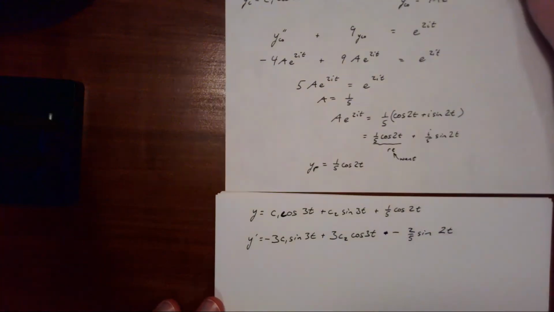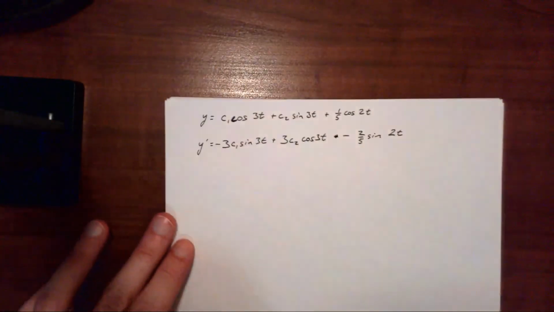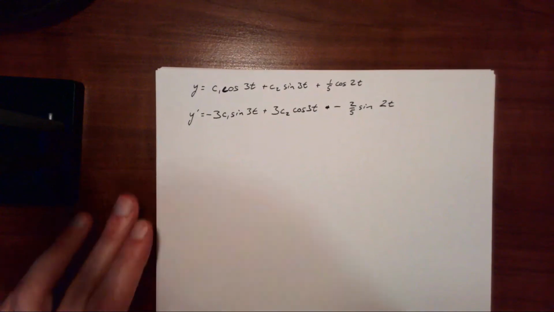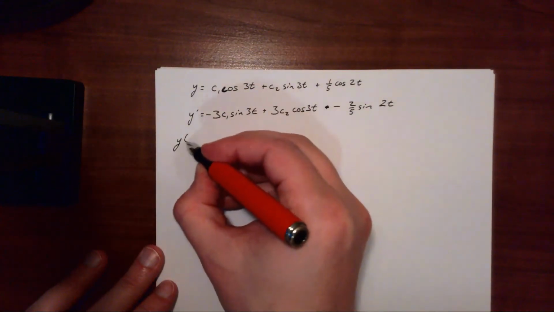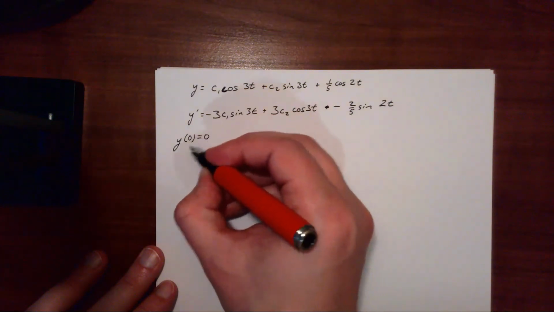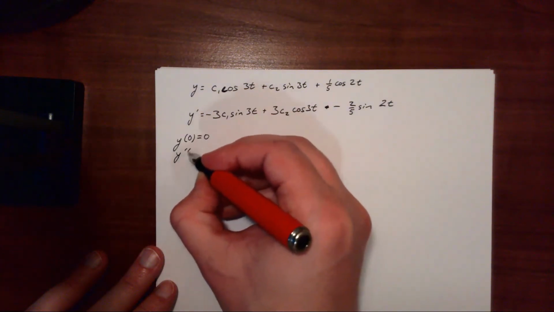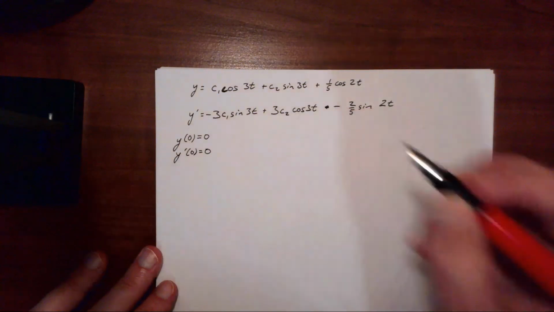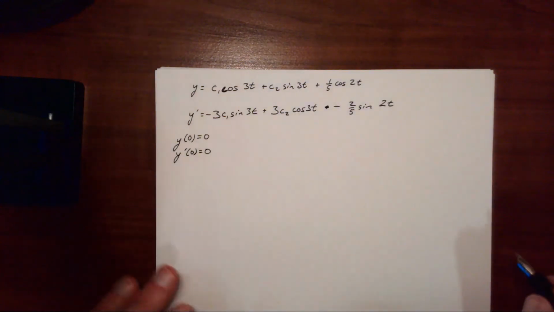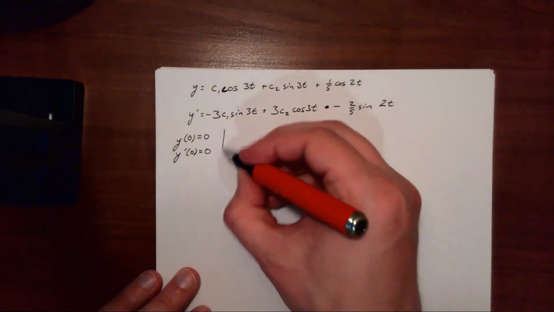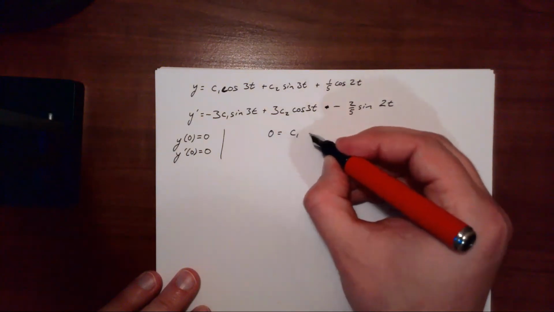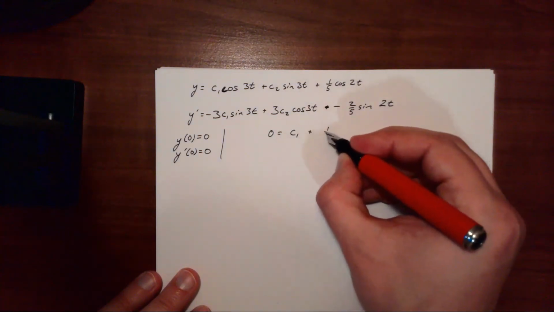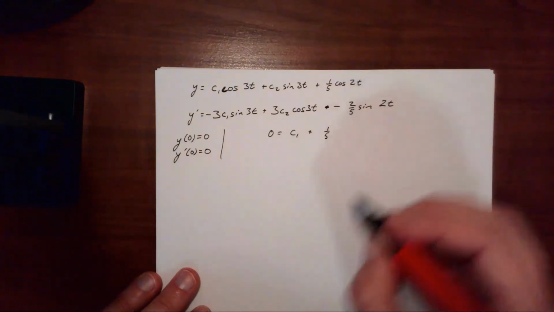And now, since we're talking about initial conditions and finding the solution that fits them, we'll just plug those in. So remember, the initial conditions were y of 0 equals 0, y prime of 0 also equals 0. And so that's going to lead us to 0 equals C1 plus 1/5.